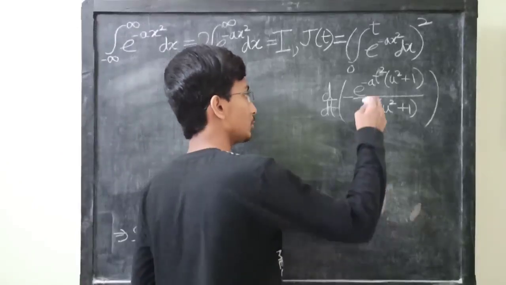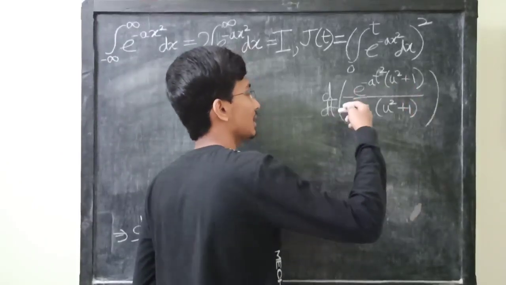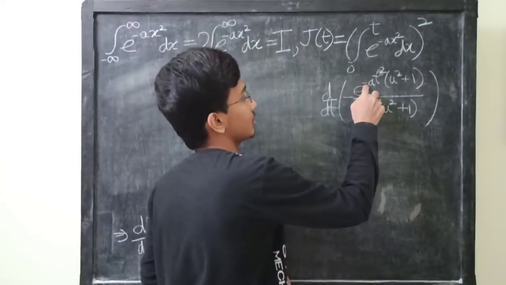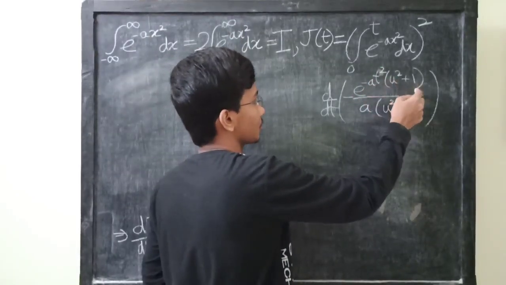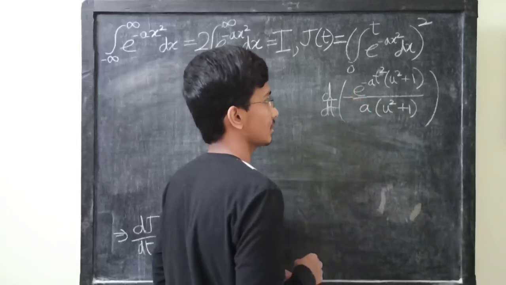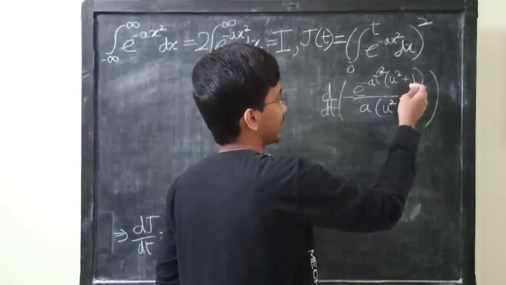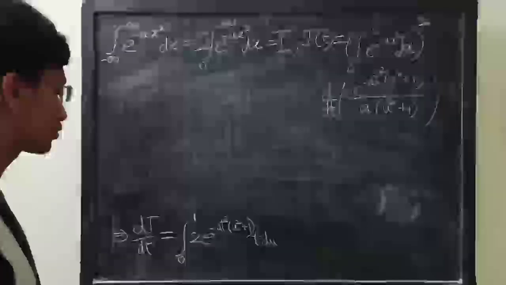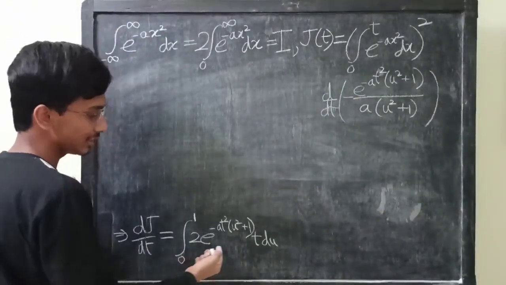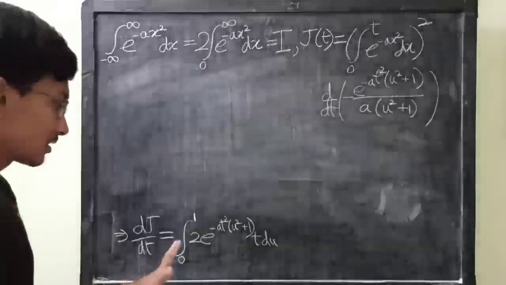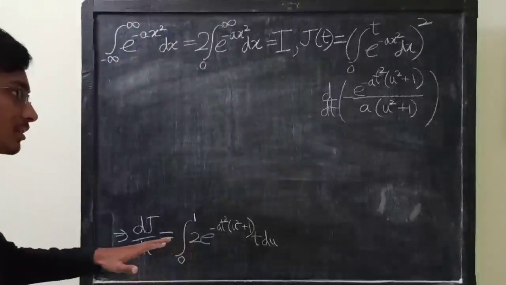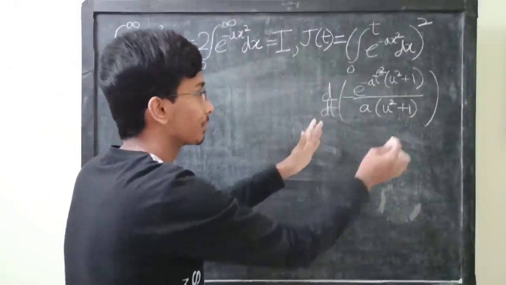When we differentiate this e to the power something with respect to t, we have this e to the power something, and then by chain rule we have this minus 2at times u square plus 1. The minus minus becomes plus, and a times u square plus 1 gets cancelled, and we are just left with 2t. And here also we have this 2t and this e to the power something. So this thing is just equivalent to this thing. They are nothing different. I am just writing this function in this form.